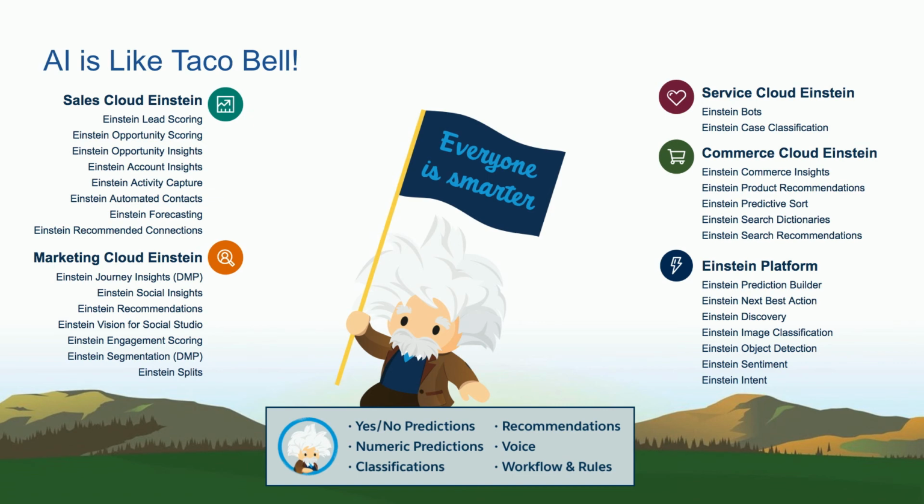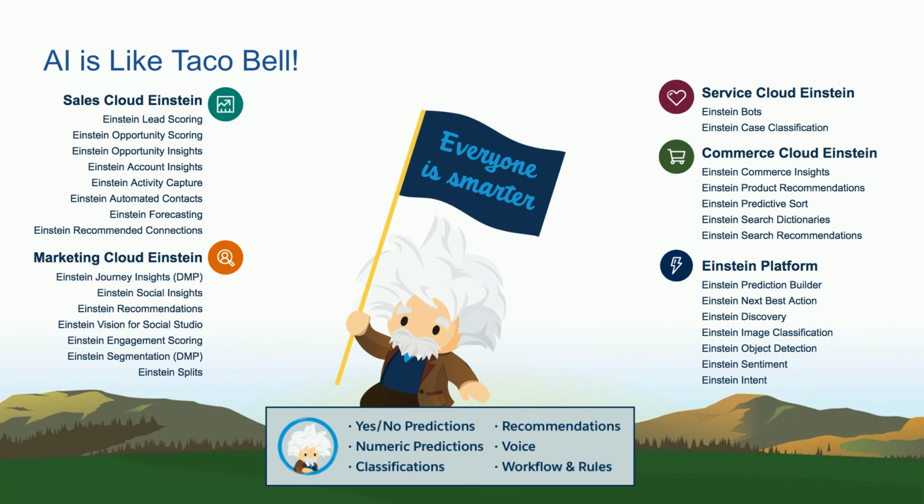Something there is wrong. It might be Einstein. There might not have been enough data put on the opportunity for Einstein to make a valid prediction, for one thing. But regardless, the idea is that this allows sales managers and RVPs to prioritize their time. Where they see a delta between what Einstein is saying and what the rep is saying, something there is wrong. That's a place where a manager should be focusing.